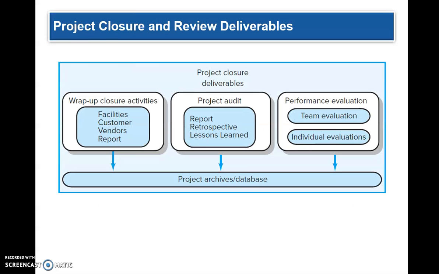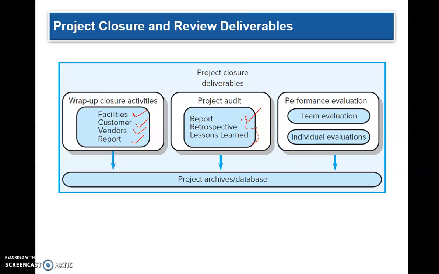Project closure basically has some deliverables that need to be completed. So, first of all, you have what is called the wrap-up closure activities of facilities, customers, vendors, and reports. You need to finish all that. Then you need to look at the auditing reports and see how to use the retrospectives for lessons learned.